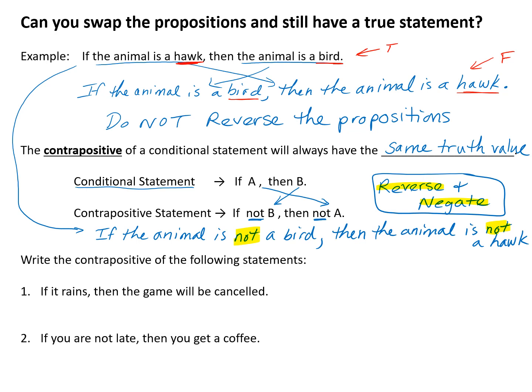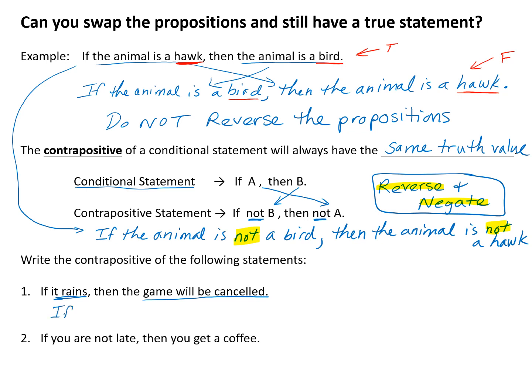Let's look at a couple of examples just to see how this works and how we would rewrite them. So if you ever do want to switch the location of the propositions in an if-then, you just have to negate at the same time. So if it rains, then the game will be canceled. A good way to do this is to start at the end.